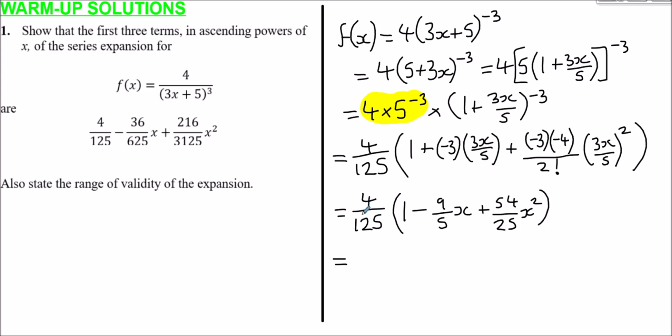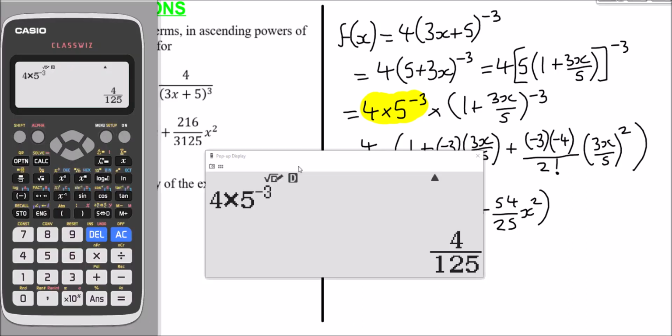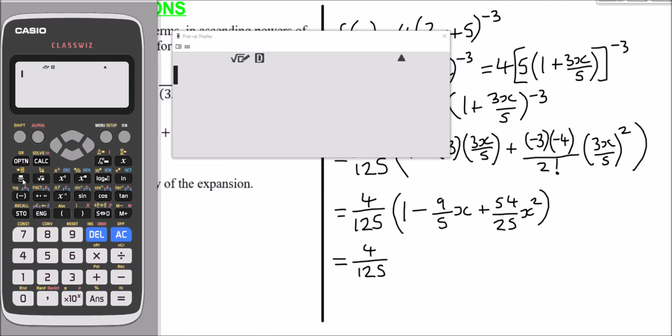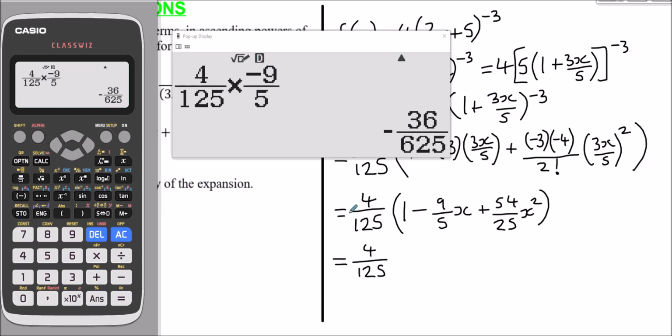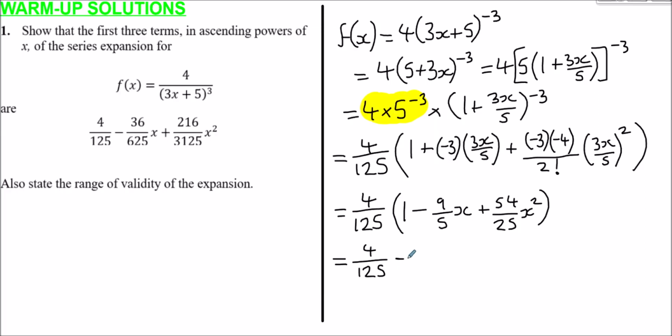Finally, we can now expand this out. So 4 over 125 times 1 is obviously just 4 over 125. This next one, again, probably best using a calculator. So we're going to have 4 over 125 multiplied by minus 9 over 5. That gives us minus 36 over 625. So we have minus 36 over 625 lots of x, which is what we need to have.